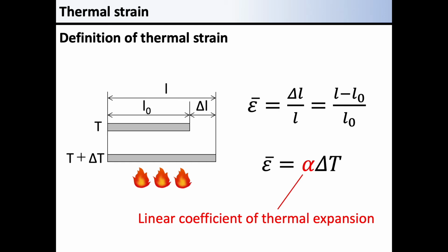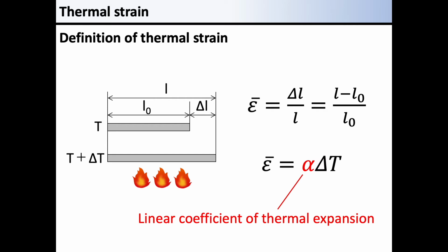Here, the proportional constant alpha, which associates delta T with thermal strain, is the coefficient between thermal strain and temperature change, which is called the linear coefficient of thermal expansion. Some of you may be tempted to call this coefficient just a coefficient of thermal expansion, because this coefficient is related to thermal expansion.